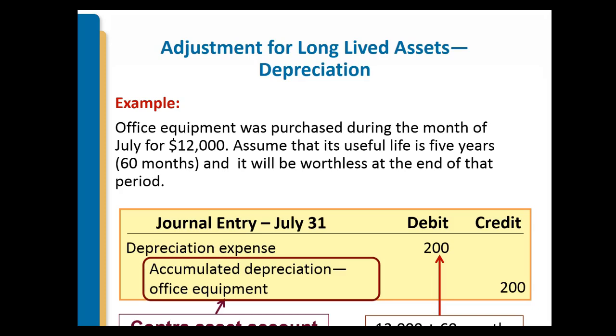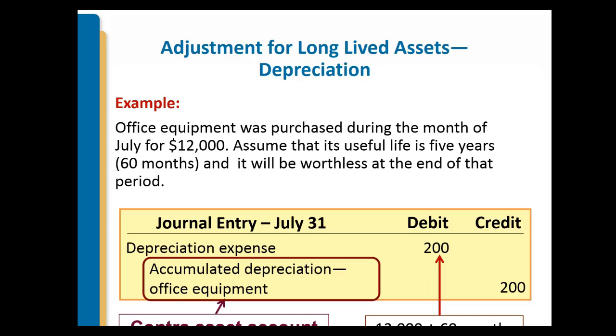So the amount of monthly expense that we call depreciation expense is $200, which is $12,000 divided by 60 months. This requires an adjusting entry: a debit to depreciation expense for $200, and a credit to this contra account called accumulated depreciation, office equipment.